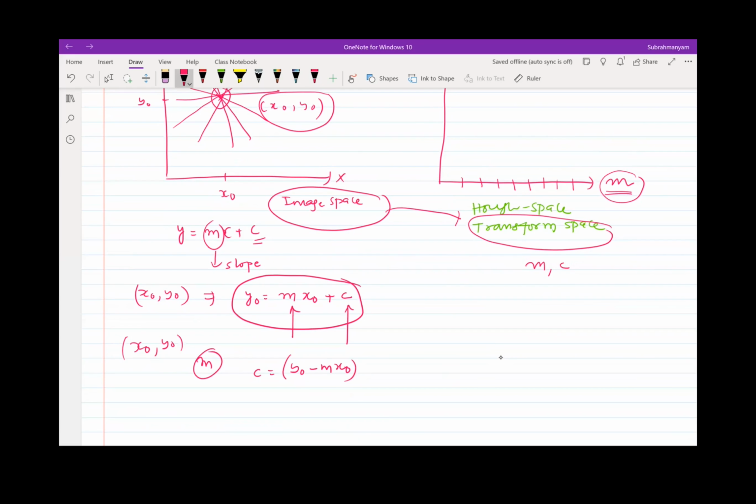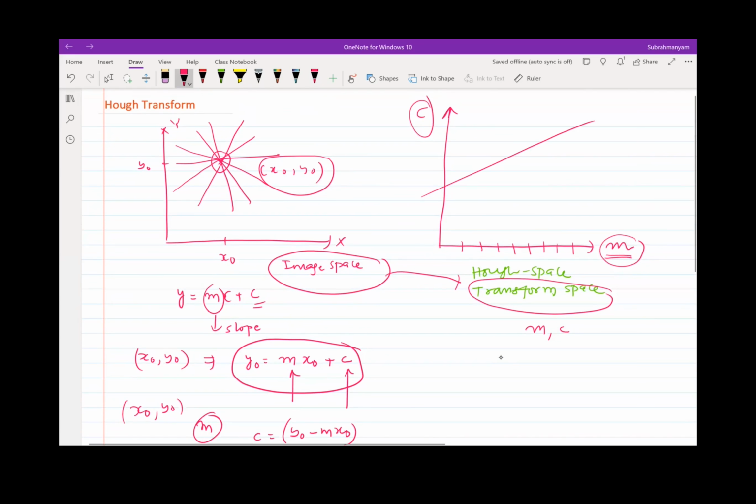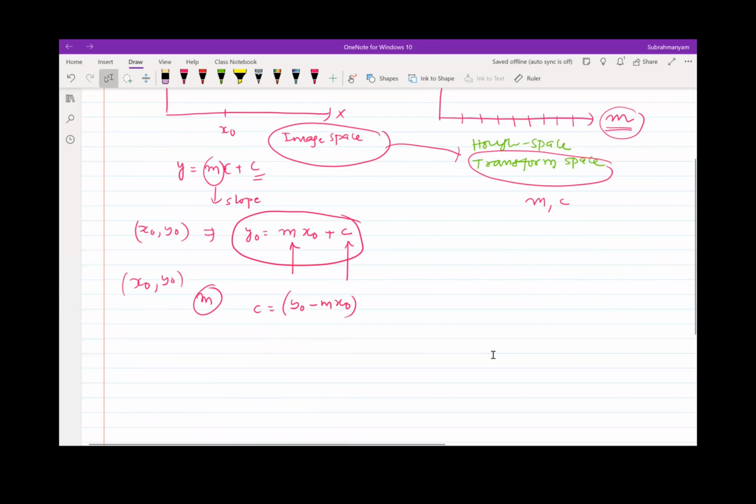That's a straight line. Why is it so? It's again a slope intercept form, sir, with slope as minus x naught and intercept as y naught. Look here. Now your y is c, here, equals minus m into x naught, plus y naught.